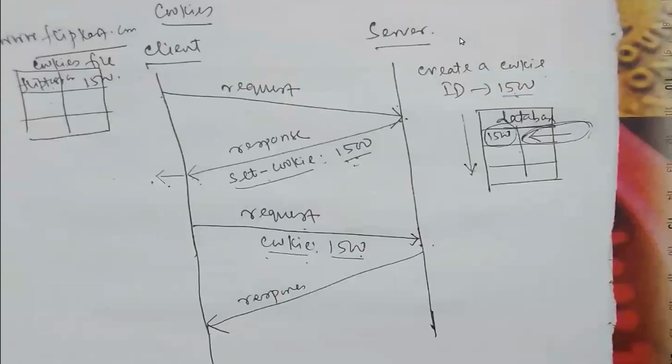So if you open flipkart.com in your browser, and somebody else is opening flipkart.com in their browser, whatever advertisements you get at your end may be different from the advertisements the other user gets at their end. How is it possible? This is only possible because of the cookie information.